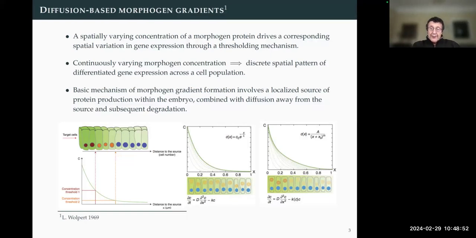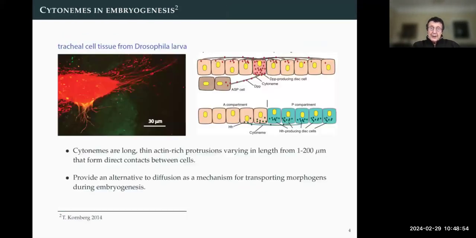But what I've been fascinated by for quite a while is the following observation that has been driven by an experimentalist, Kornberg, and collaborators. Many cells in developmental biology extend actin-rich filaments called cytonemes that are very active, growing and shrinking, that make direct contacts with other cells.